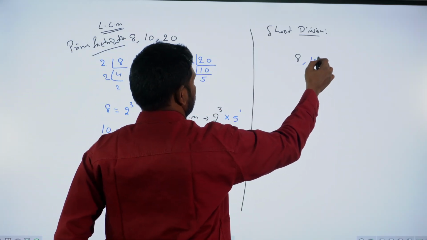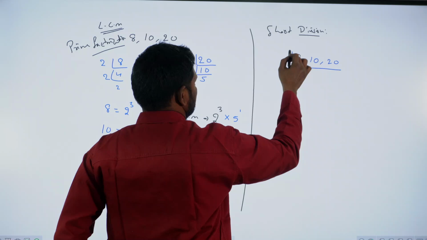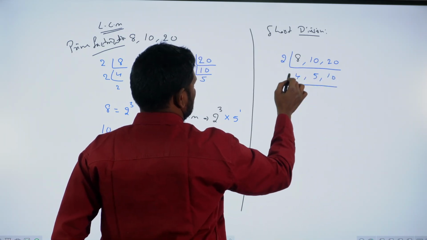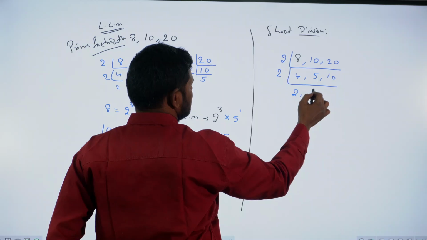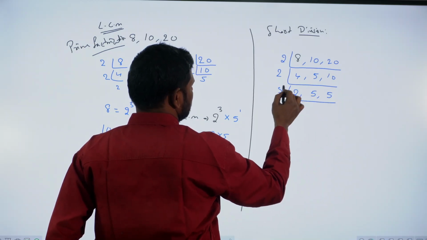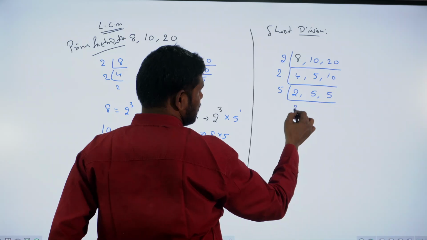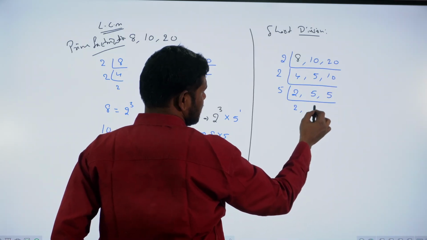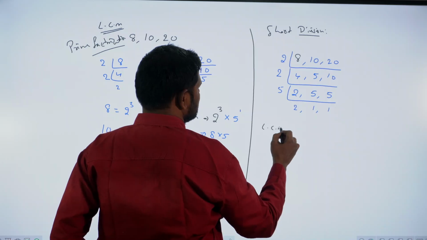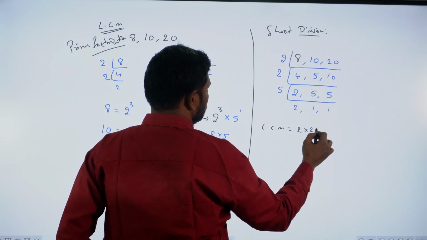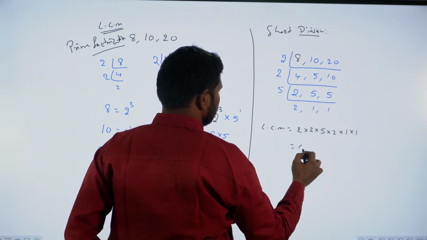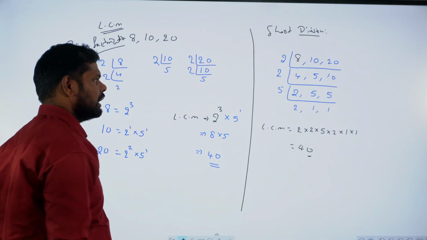For 8, 10, 20, the LCM is found like this: I divide by 2, getting 4, 5, 10. Again by 2, getting 2, 5, 5. Then 5 is not divisible by 2, so write 5 as it is, and divide by 5 to get 1, 1. So the LCM is 2 into 2 into 5 into 2 into 1 into 1, nothing but 40. So this is the short division method.